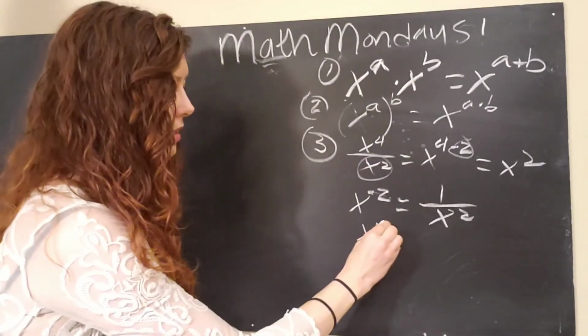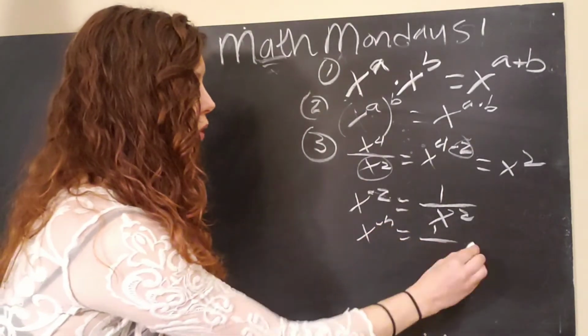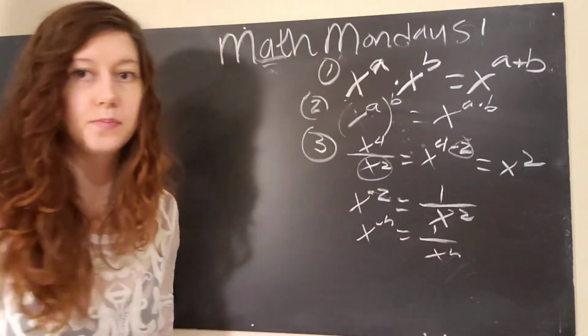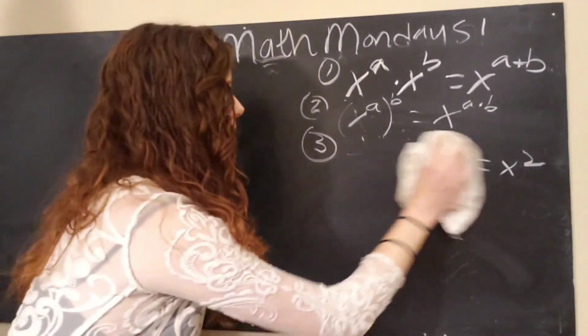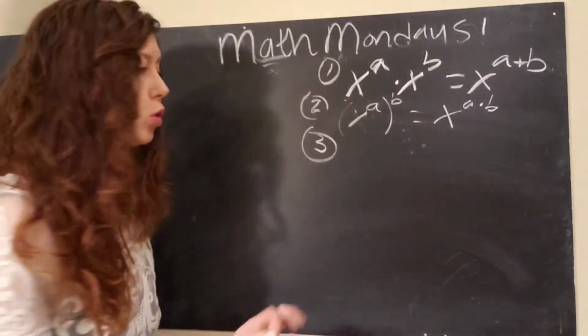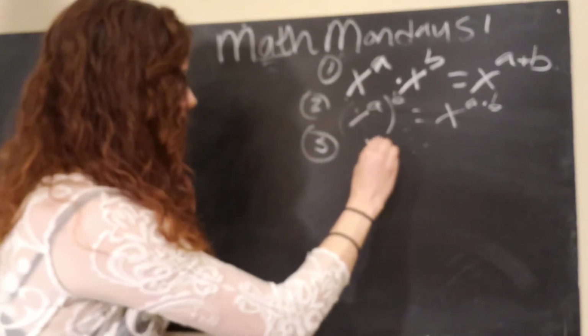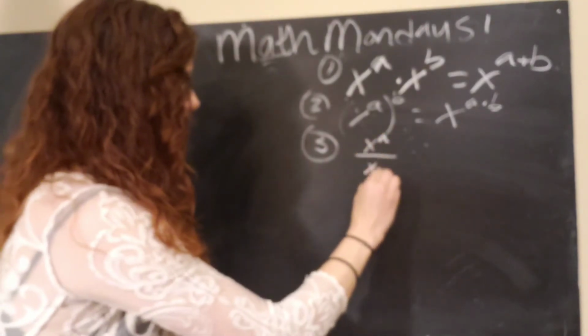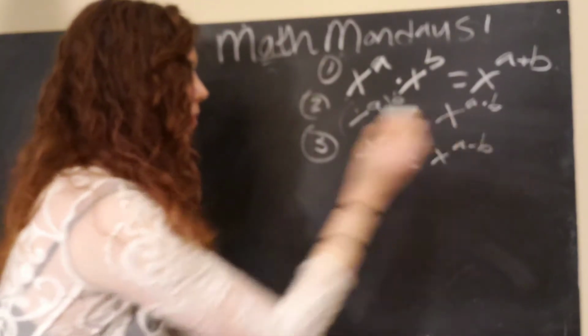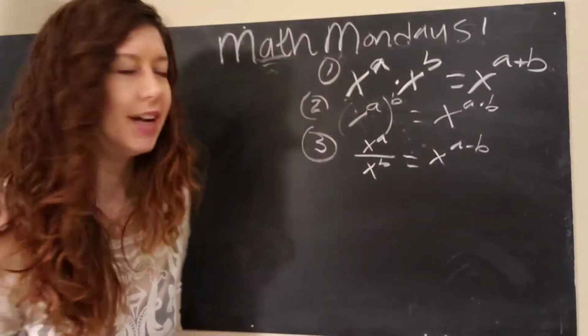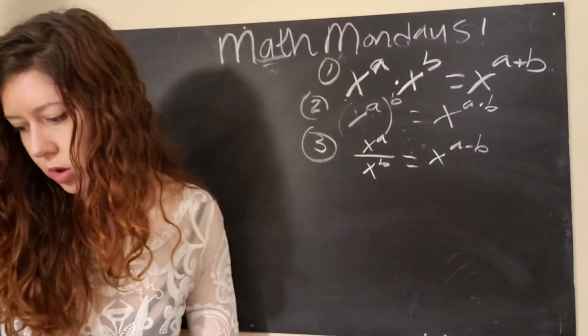Same thing if I had x to the negative n, that would be 1 over x to the n. All right. And so again, I'm going to write this as a more general rule where I have x a over x b equals x a minus b. Okay, cool. Let's see, what is next?